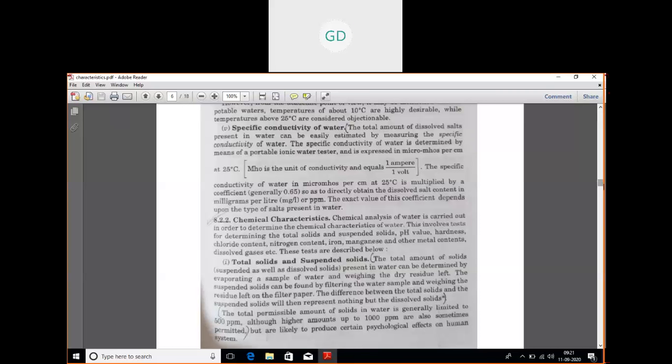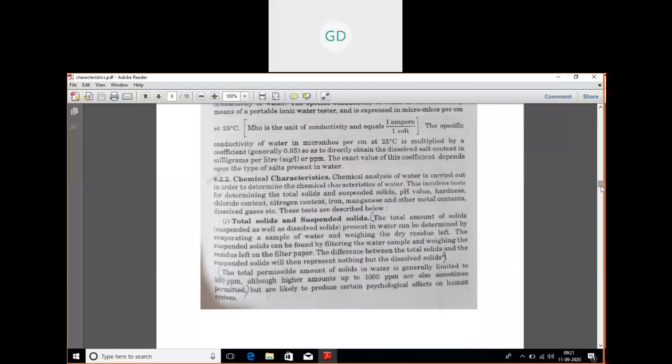Okay, so today we will learn about the chemical characteristics of water. There are many chemical characteristics. Similarly, like your physical characteristics, we need to measure the chemical characteristics of water also. So what things are present chemically?